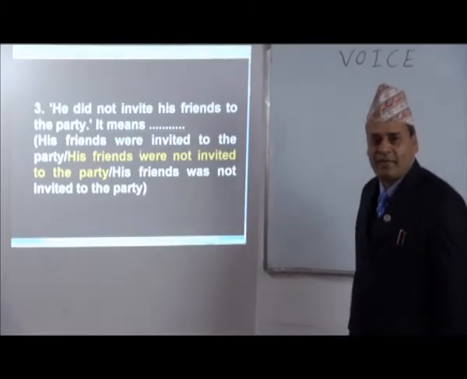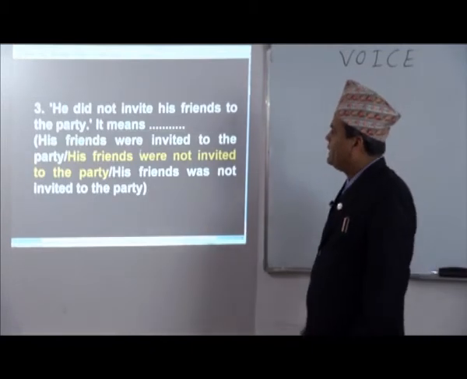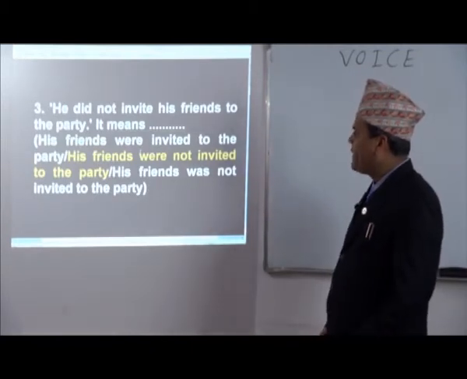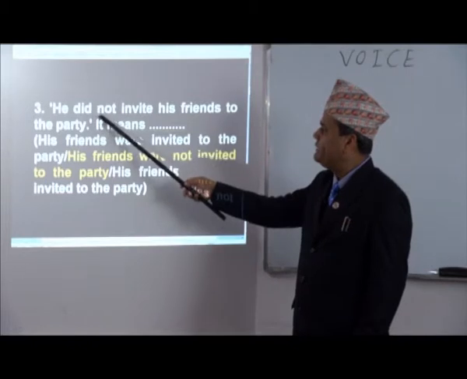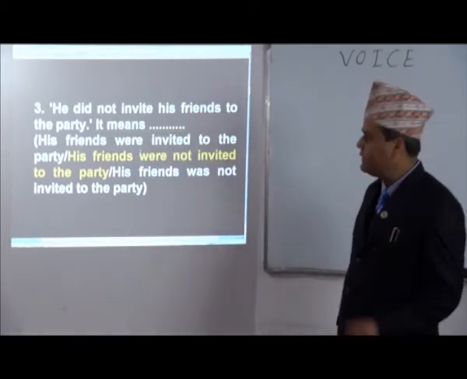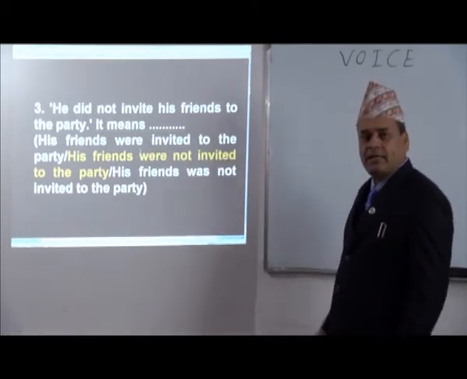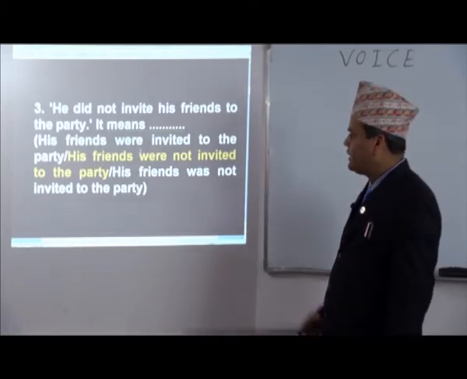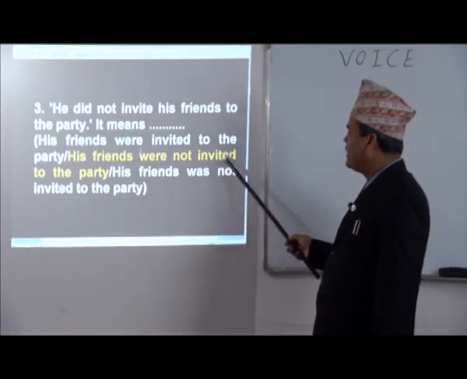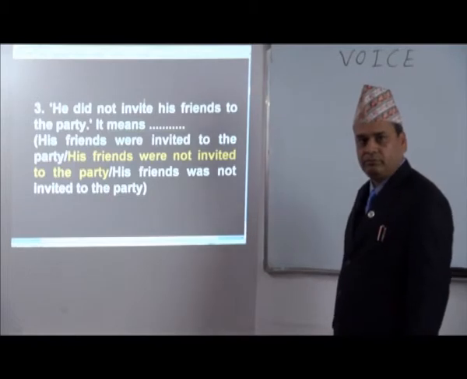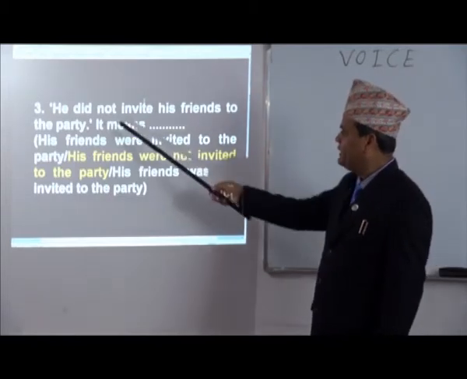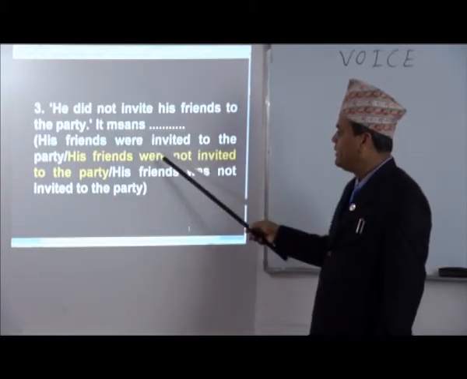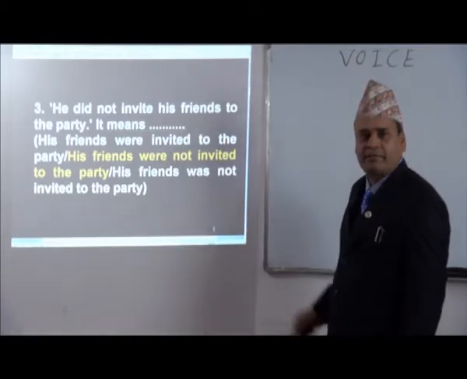In question number 3, we see "He did not invite his friends to the party." Here you see the negative sentence. In this sentence we have to make a negative passive. So "His friends were not invited to the party." Here we see this is past tense and the passive is also in the past form.